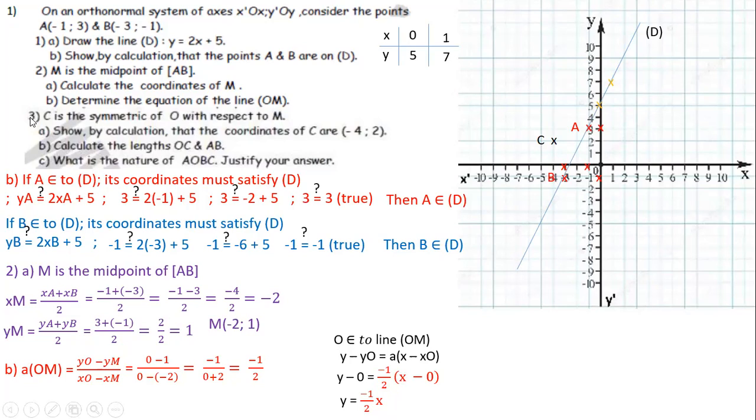Let me move to part 3. Mariam? Yes, Miss. Part 3, Mariam. He is telling me that C is the symmetric of O with respect to M. What do you get from this?